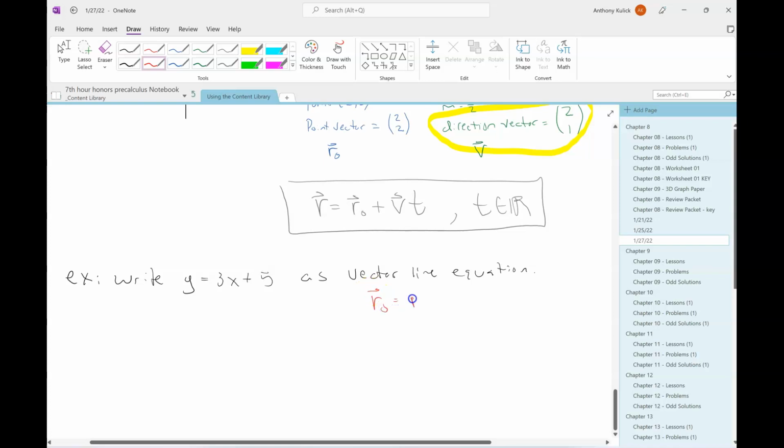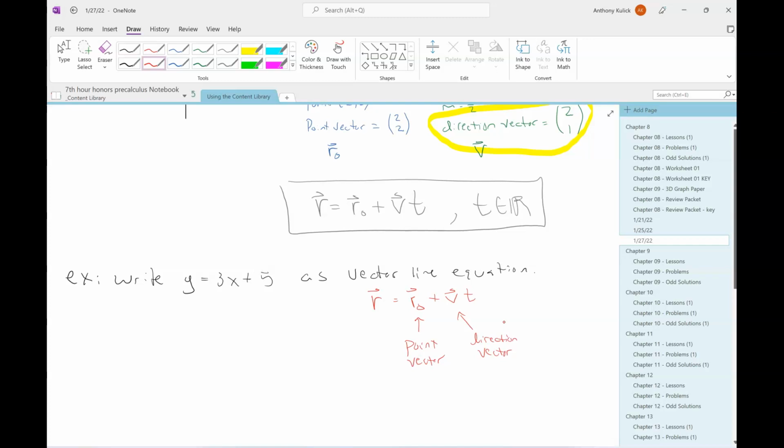I know my vector line equation is in the form R is equal to R0 plus VT, where R0 was our point vector and V is our direction vector. So all I really need is a point vector and a direction vector that I can plug into my formula and I'm done, right?